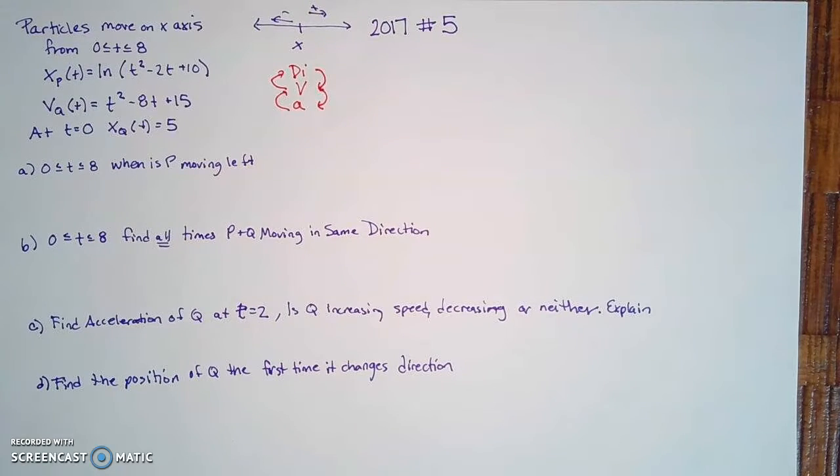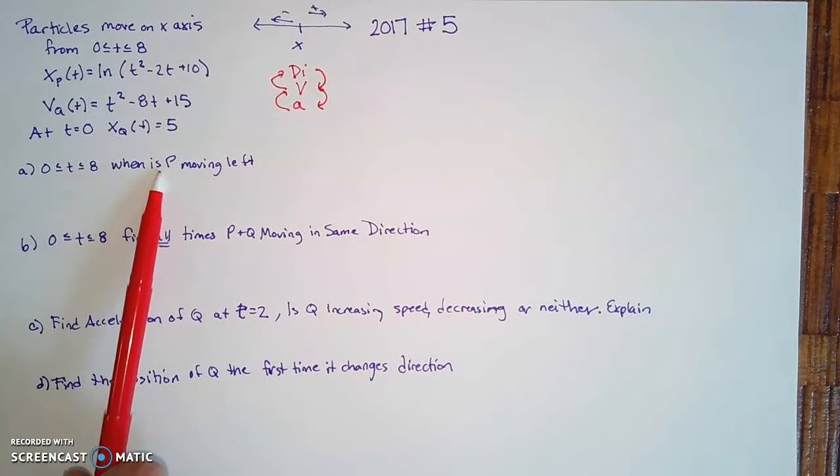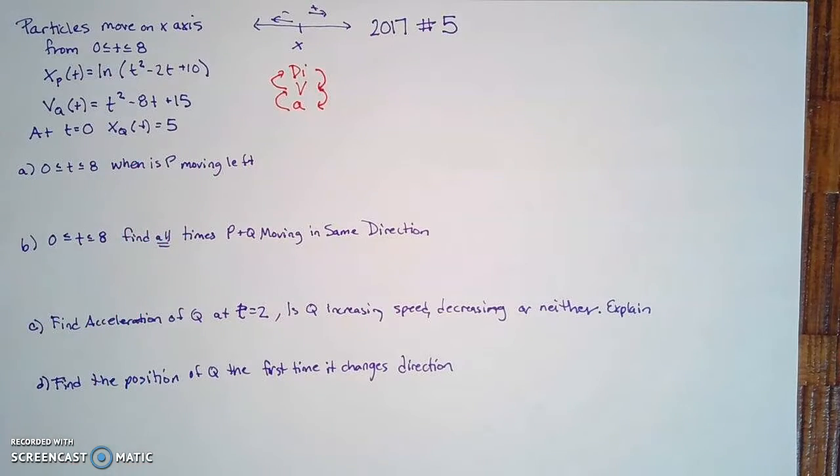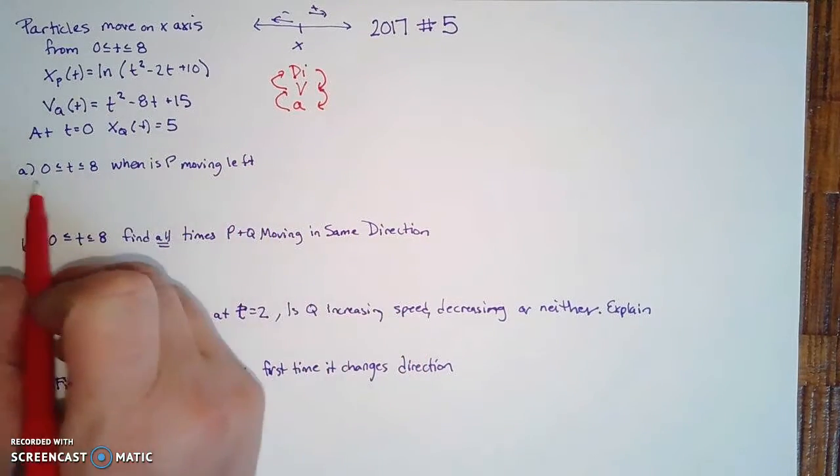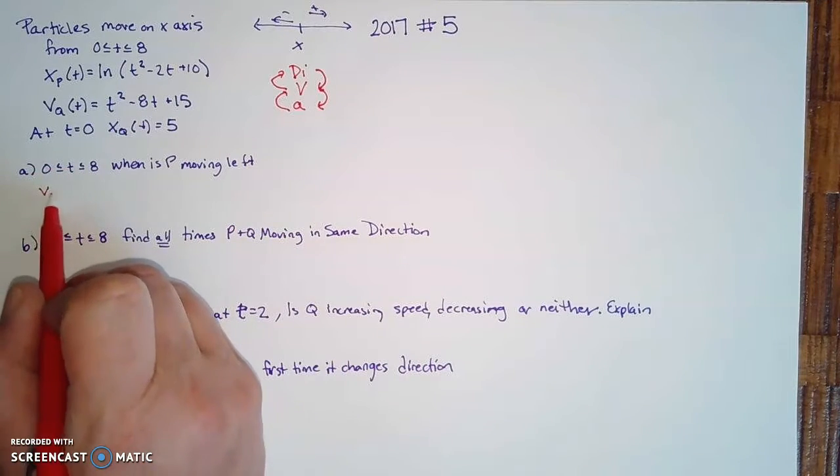Okay, so part A says when t equals 0 to 8, when is P moving to the left? Well, we know the direction of things is given to us by its velocity, so we need to know when the velocity of P is negative.